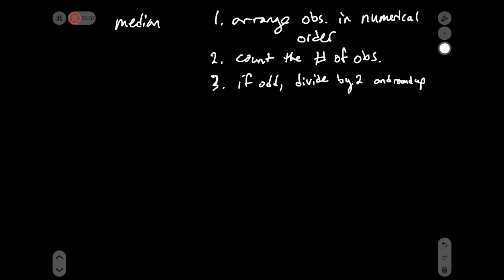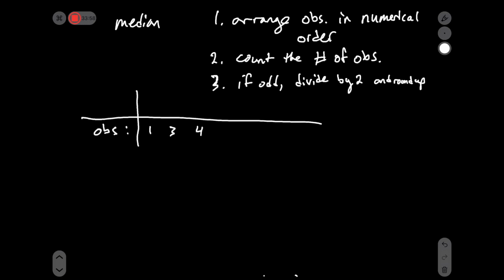So let's suppose we've got an odd number of observations. So let's suppose we've got some observations here. And this is, let's say, 1, 3, 4, 6, 7, 9, and 10.